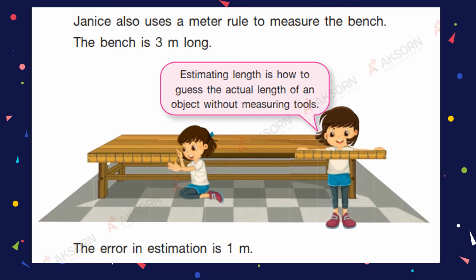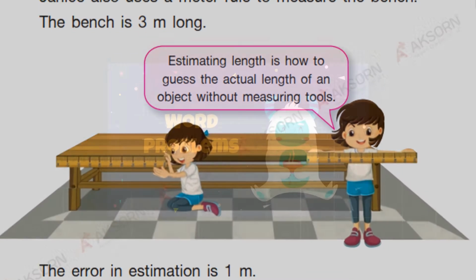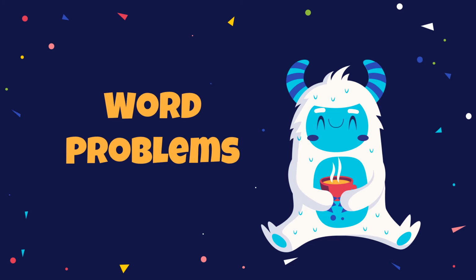The error in the estimation is 1 meter because the arm span measures 4 meters, while when you measure it using the meter rule, it is actually 3 meters long. The error estimation is 1 meter. 4 minus 3 is 1. Two word problems.